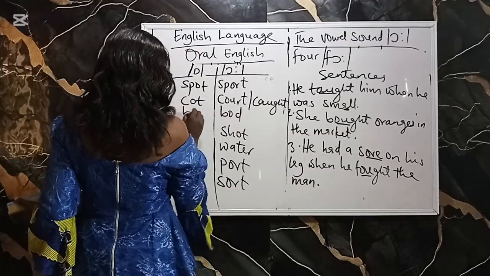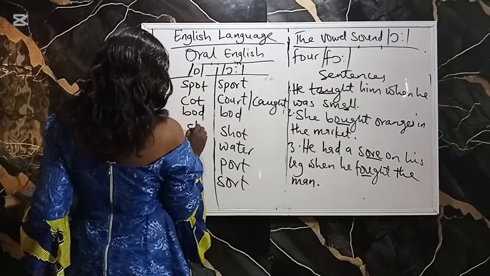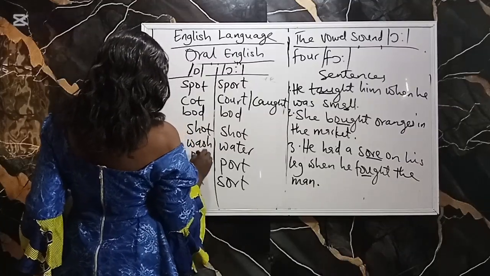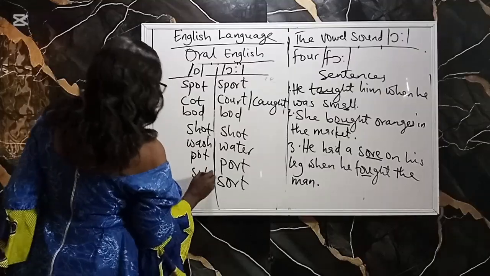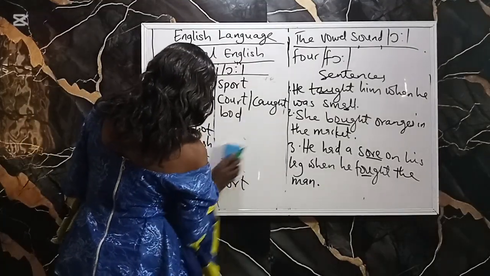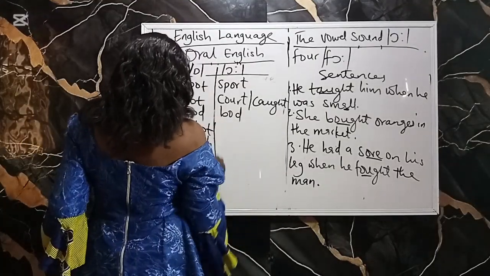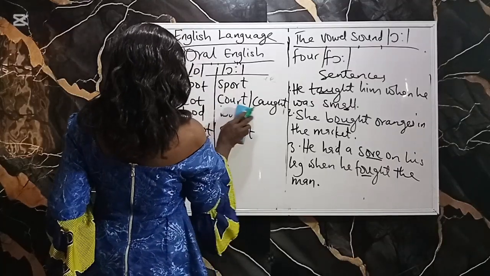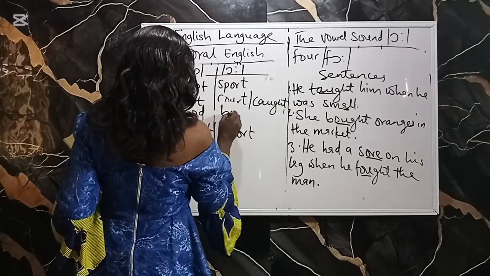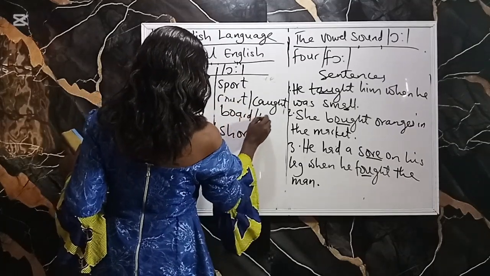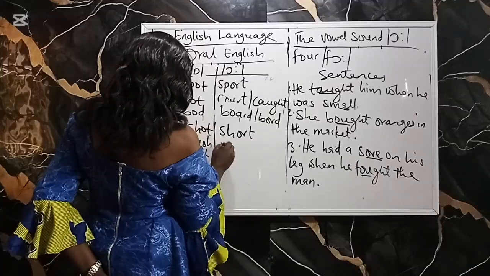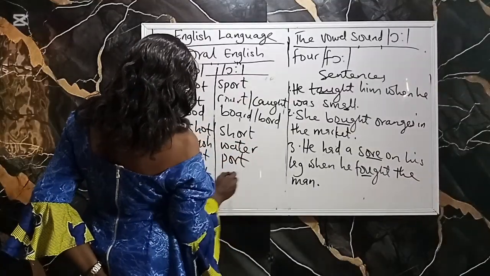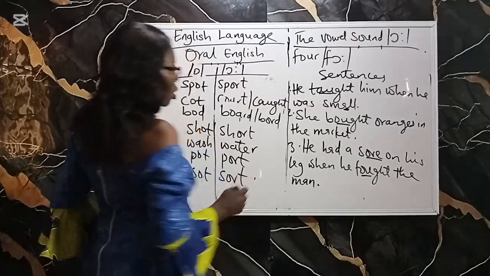So what we have here is board, short, wash, pot, salt, and here we have short, we have water, we have pots, and we have salt.